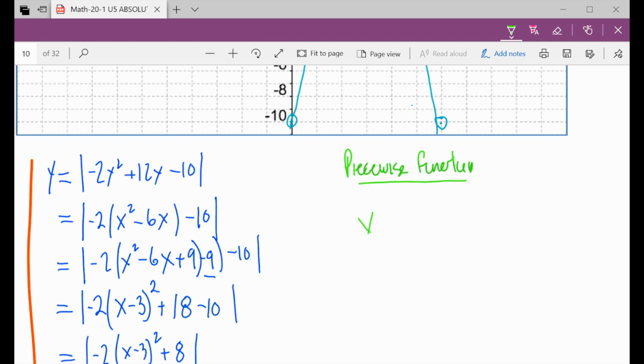Okay, there's going to be two parts. Now we'll formally define how to state it. y is equal to, and there's going to be two parts.